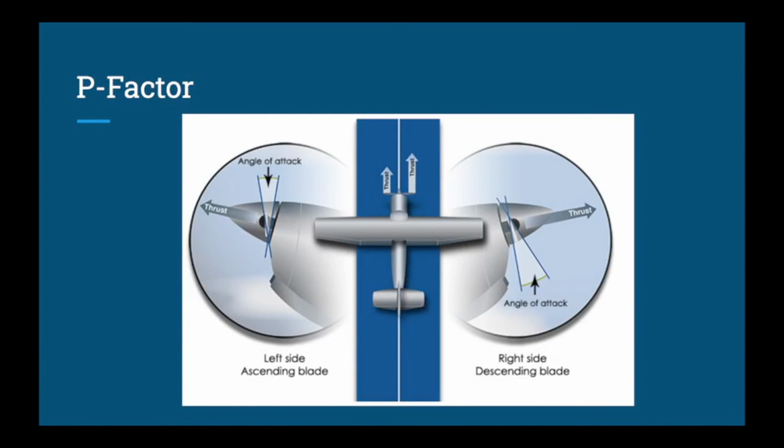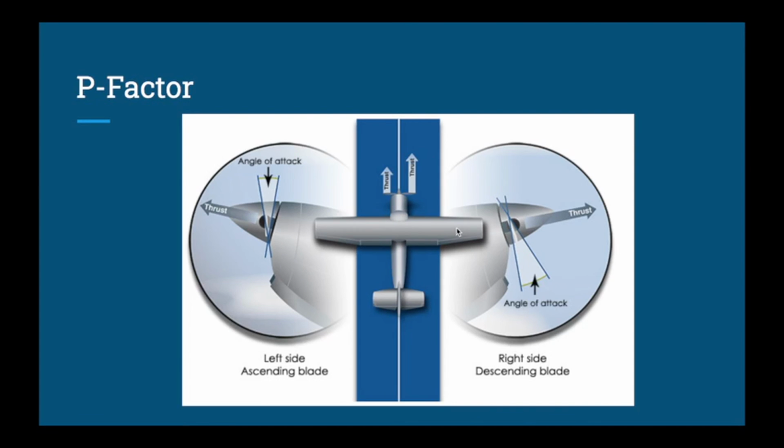All right, another factor we have to consider during a climb is propeller factor, or P factor. So here is a diagram of an airplane showing the lift produced by the propeller. Looking at the center diagram here, the downgoing blade, which from the pilot's seat would be the right-hand blade, is going to have a higher angle of attack when compared to the left-going blade or the upgoing blade.